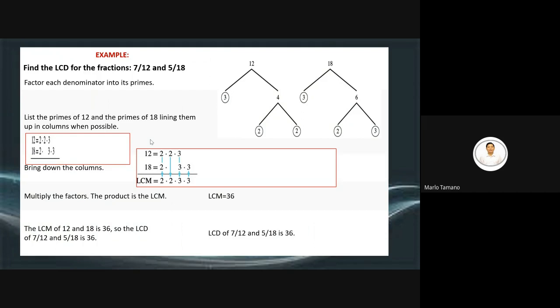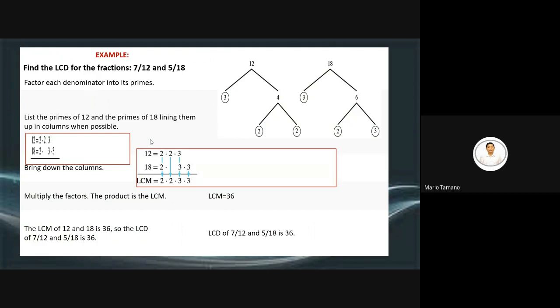When we say primes po, yung factors are 1 and the number itself. Katulad nitong 3, ang factors lang niyan ay yung 1 at saka yung sarili niyang 3. And that is what we call the factors of this prime, which is 3: 1 and the number 3 itself.